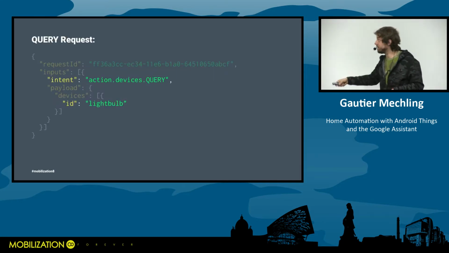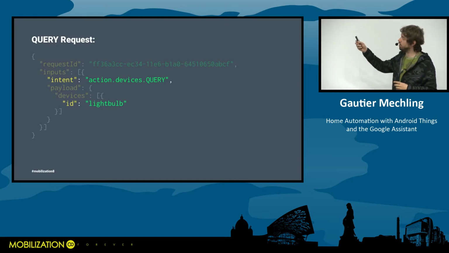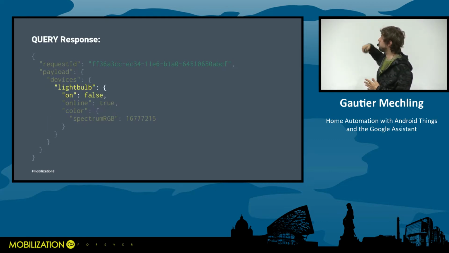The Google Assistant, once again, will transform that sentence into JSON and forward that JSON to your web service or your Cloud Function. Your Cloud Function has to parse the intent property. Here, it's a query. So basically, the Google Assistant right now wants to know the state of your light bulb. So you just have to answer, when you receive a query action, that for this request, you wanted me to know the state of my light bulb. My light bulb actually is off. So you just answer with the state of your device.